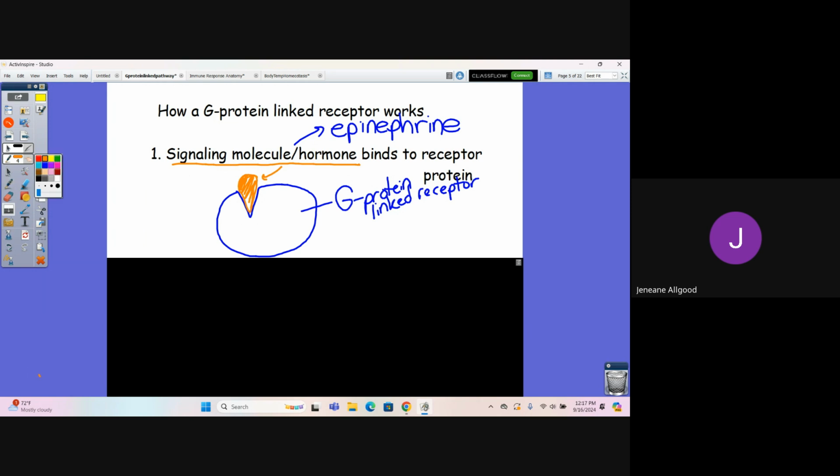And then just so we know where this is happening in our cell, we're going to draw some phospholipids, because that's going to tell us that this is happening in the cell membrane. So I know I'm writing over G, but it's a G protein linked receptor. So maybe I'll do it this way, and this will say G protein linked receptor. And then I can draw my phospholipids.